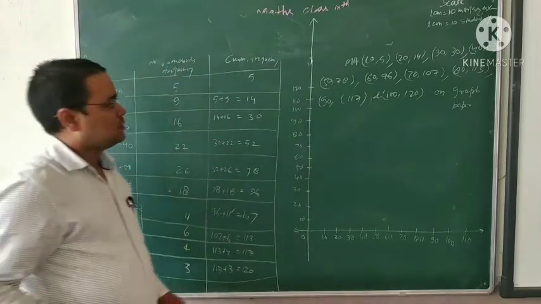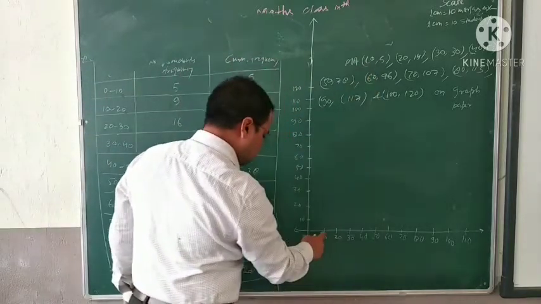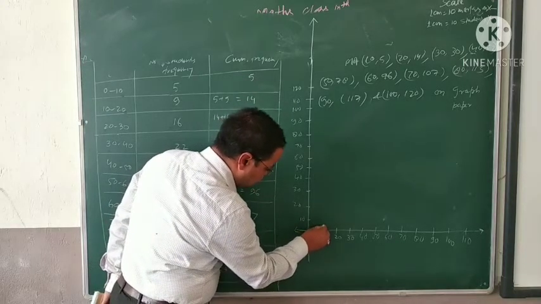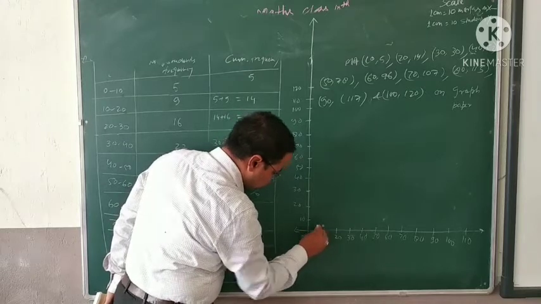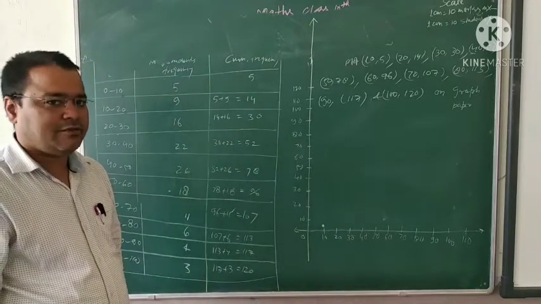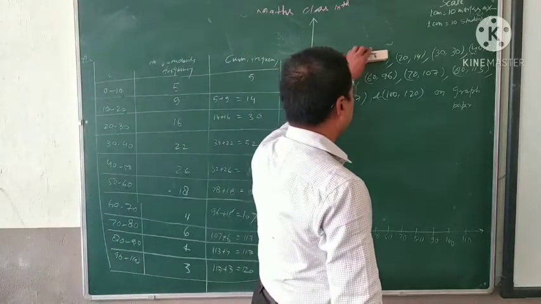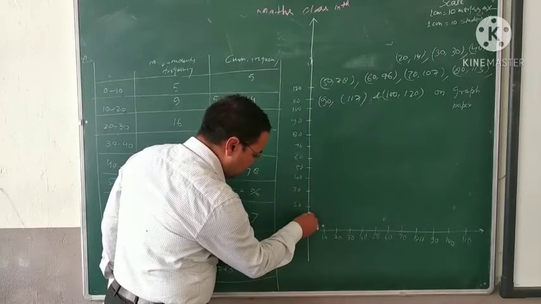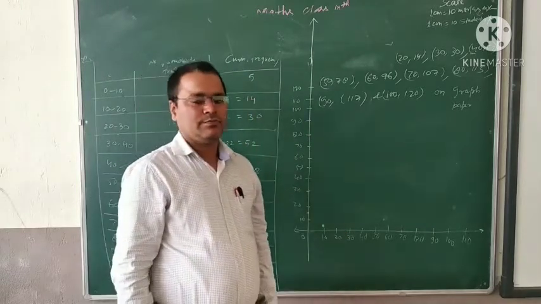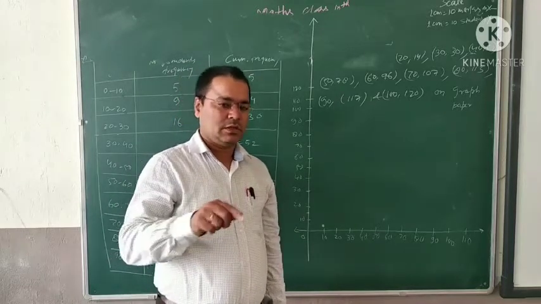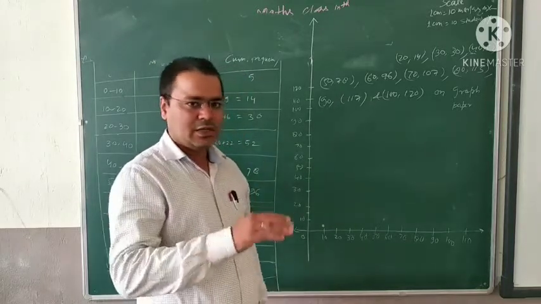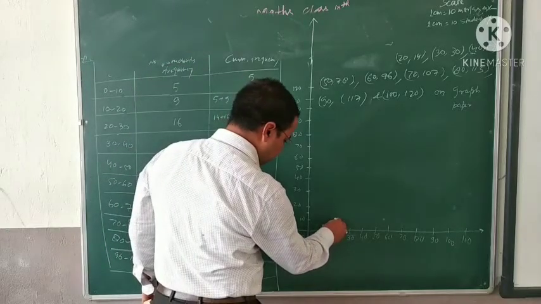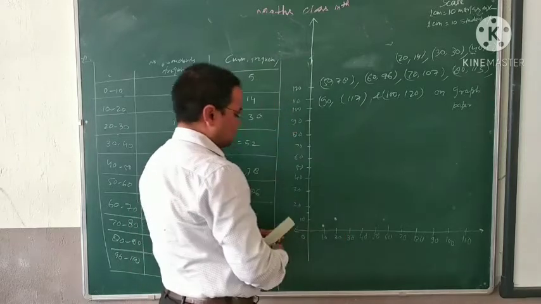So first we plot 10, 5. Between 0 and 10 it will be about this point. Now 20 and 14, just below 50. On graph paper the millimeter lines are given separately, so it is easy to plot. The second point is over.